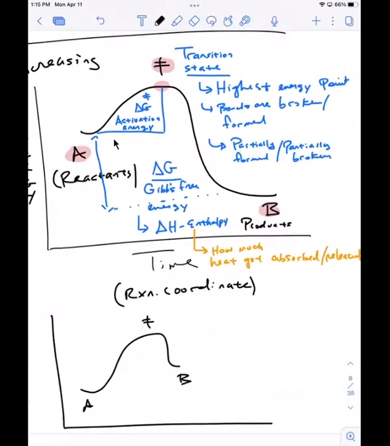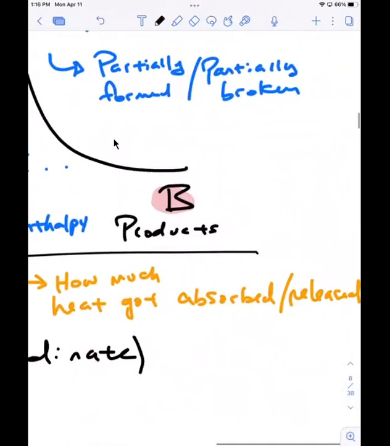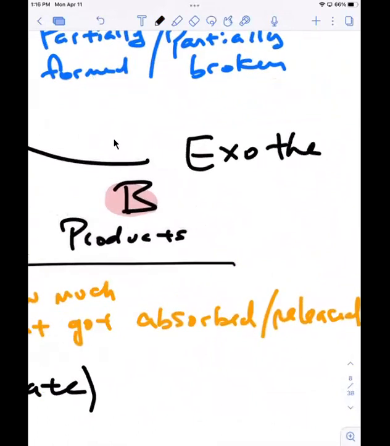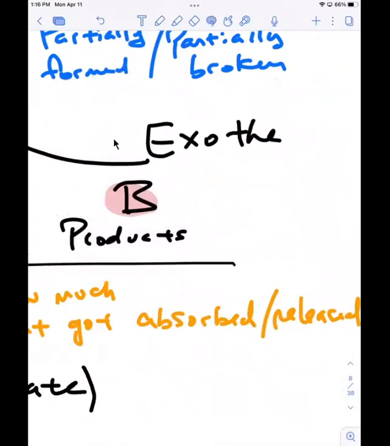And we're going to come back to this a little bit later. But this is exothermic. What that means simply is that energy is released.